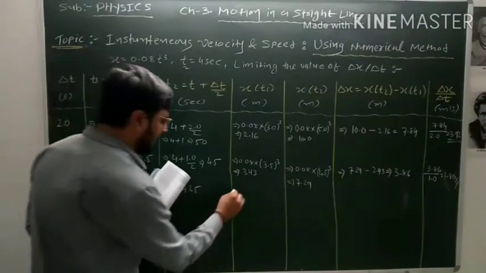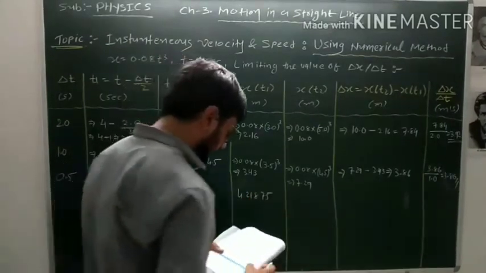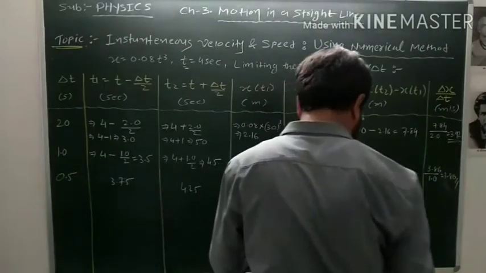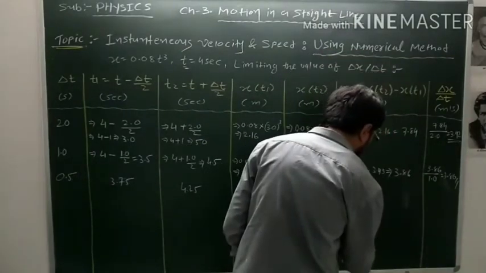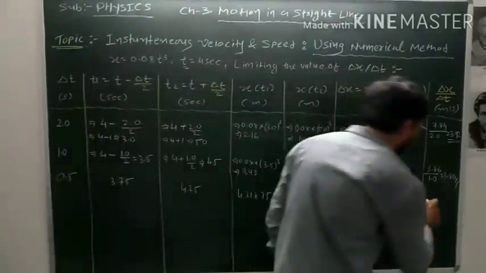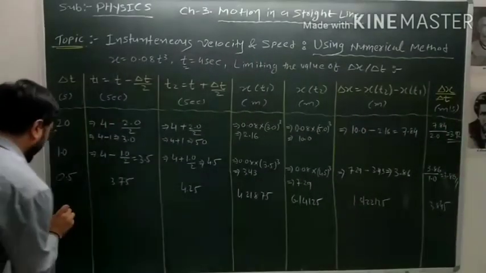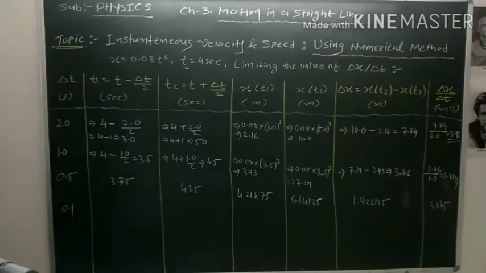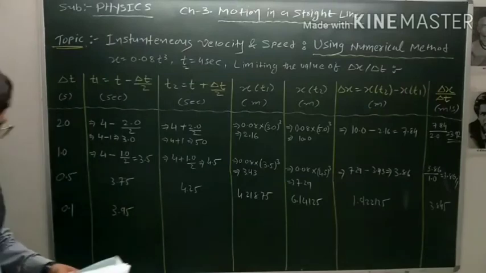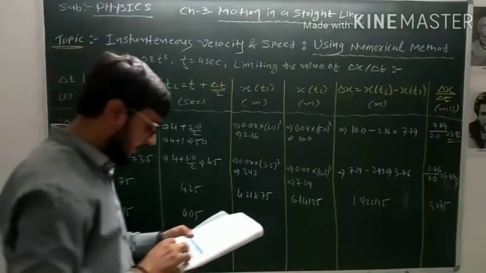Then 4.21875, then 6.14125, then displacement delta x 1.922125, then 3.845. Then for 0.1, we find t1 equal to 3.95, then t2 is 4.05. Then x at t1.